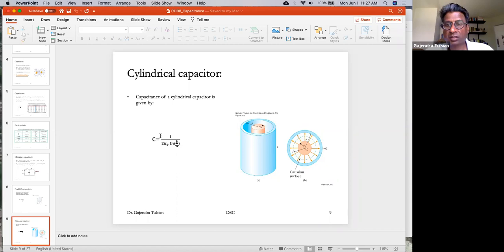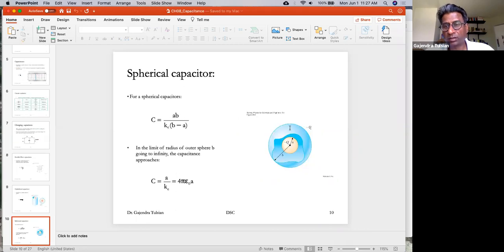So here's a spherical conductor inside a hollow spherical conductor. B is the inner radius of the outer sphere, and A is the radius of the inner sphere. So the capacitance is given by that. Now, for this expression, you can try and make B large.